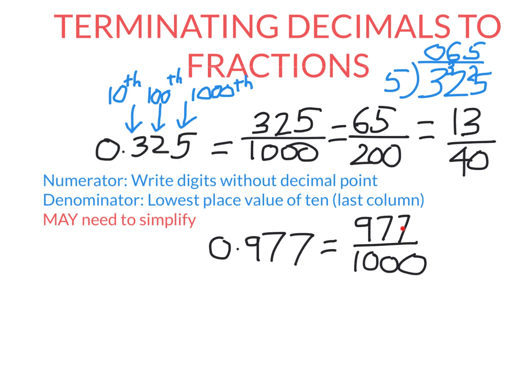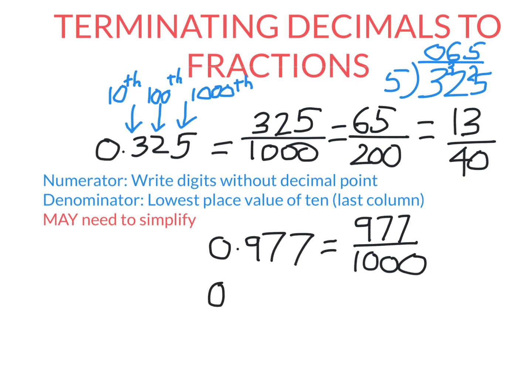Because this number's not divisible by 5, it doesn't end in 0 or 5, nor is it even. It's not divisible by 2. Just like up here, if the top number is divisible by neither 2 nor 5, you won't be able to simplify. So I can just leave it like this. Remember, the only prime factors of powers of 10 are 2 or 5.